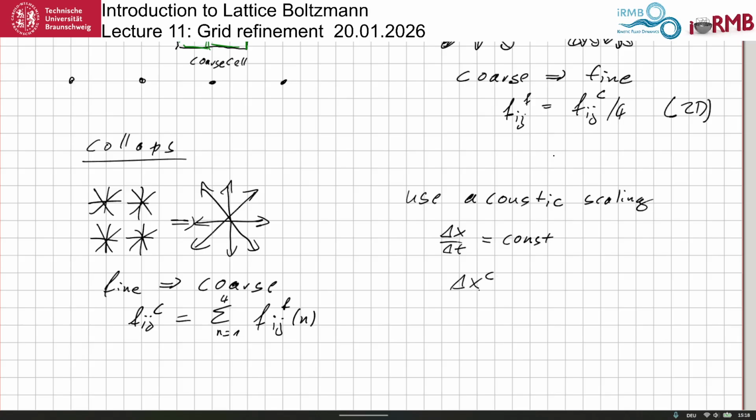This makes a difference because you have an optimal CFL condition on all the grids.